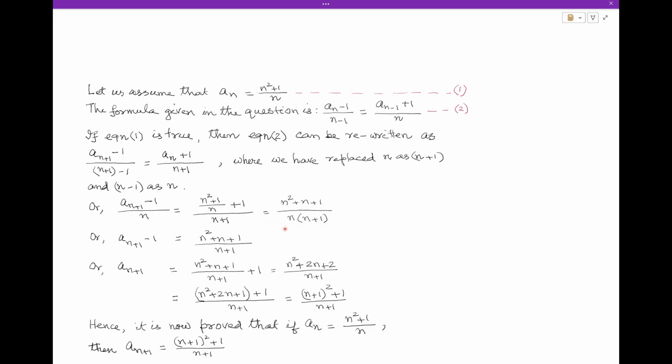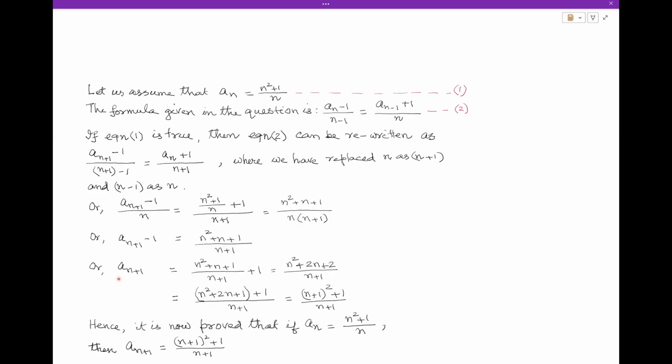And after a little simplification, the numerator becomes n square plus n plus 1, and the denominator becomes n multiplied by n plus 1. Or by cross multiplying both sides by n, we get a subscript n plus 1 minus 1 is equal to n square plus n plus 1 divided by n plus 1.